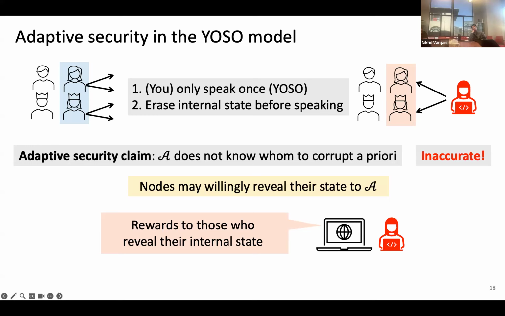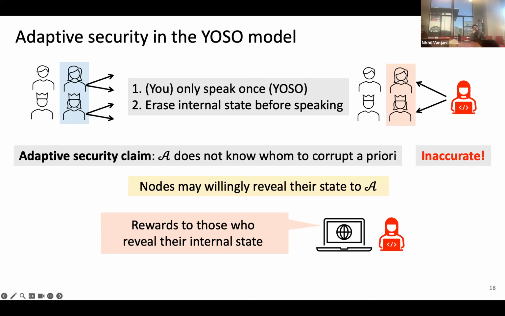I'm saying, well, the adversary might not know who to corrupt before they speak, but nodes internally know whether they are part of the committee or not. They can go and collude with the adversary. I'm not saying the corruption signal should come from outside; it can also be generated internally, I don't know, somehow they just see the website and then.